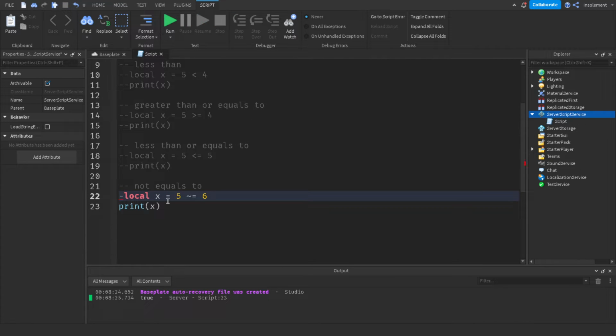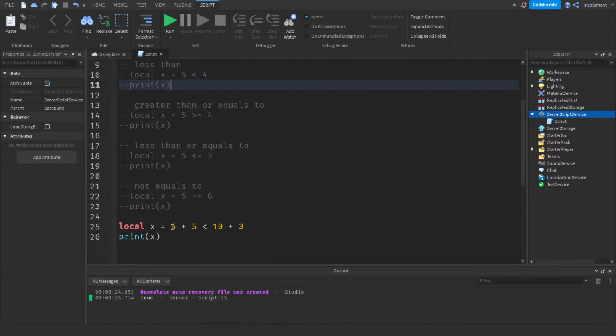And so we could use these relational operators with our last video going over arithmetic operators. So if we were to do local x equals 5 plus 5 is less than 10 plus 3, and we were to print it. So 5 plus 5 is 10, 10 plus 3 is 13, 10 is less than 13.